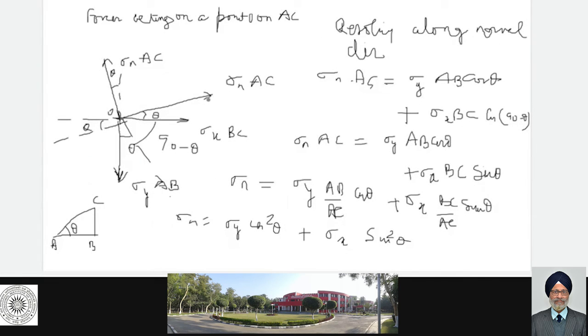So this is a normal component, this is a T. Okay.